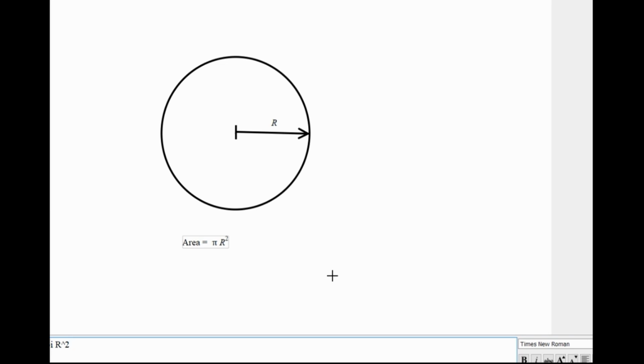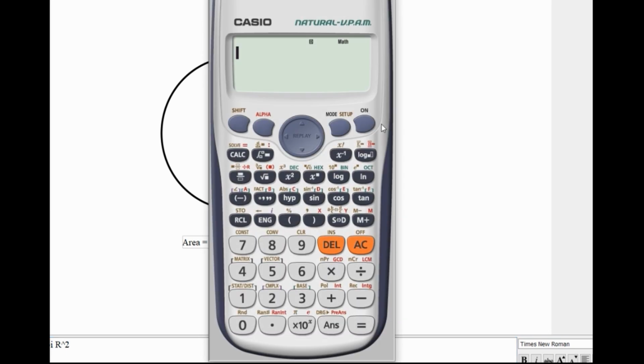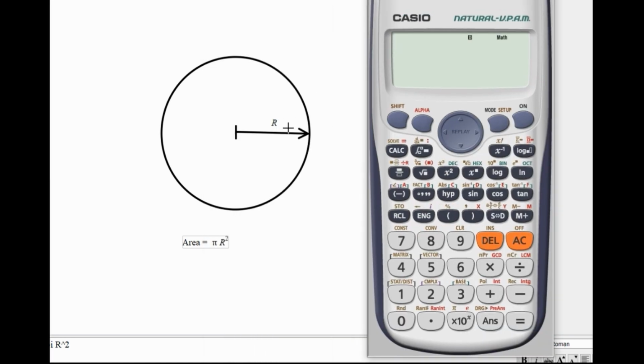There's no way around this, you have to remember that. A lot of calculators have pi in. Has this one got pi? There it is. So if R was, say, 6, area would be shift pi times 6 squared. 36 times pi.